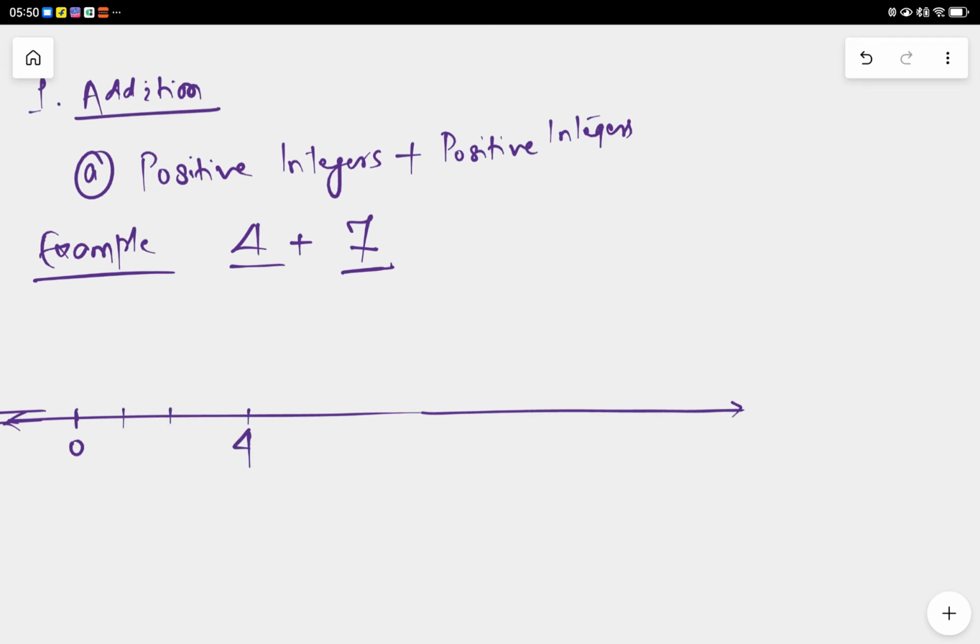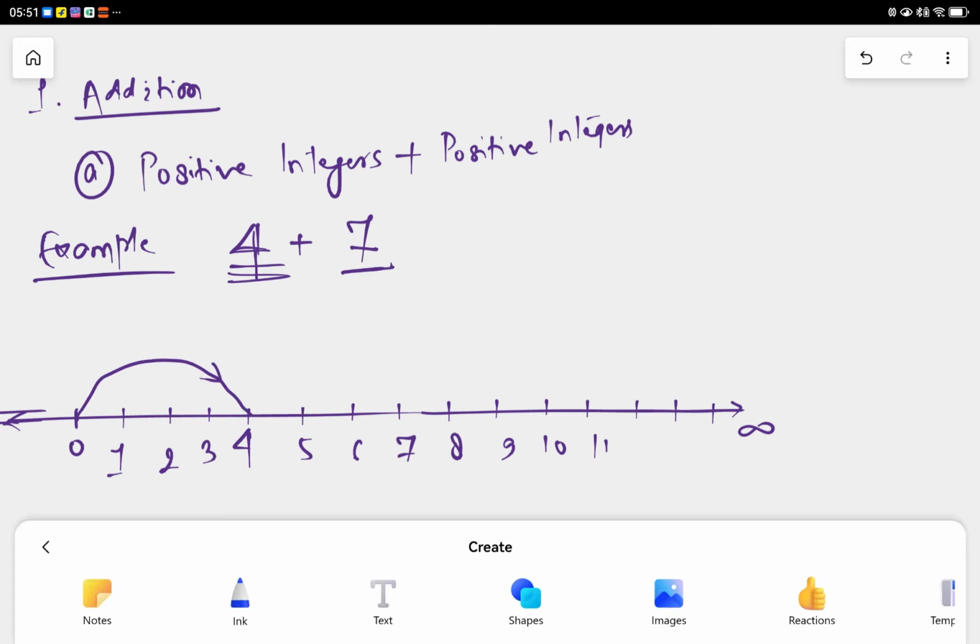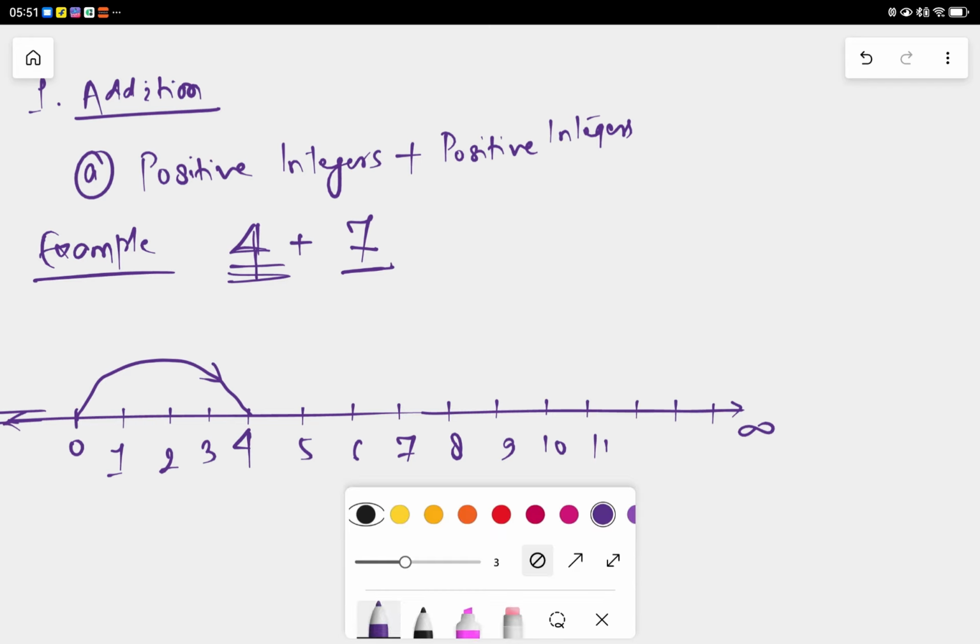So 1 2 3 4 5 6 7 8 9 10 11 12 13 14 and infinity. Okay, so we will be understanding from a jump point of view. The first number is 4, so we will start from 0 and jump on to 4. This is how we will do it on the number line system.